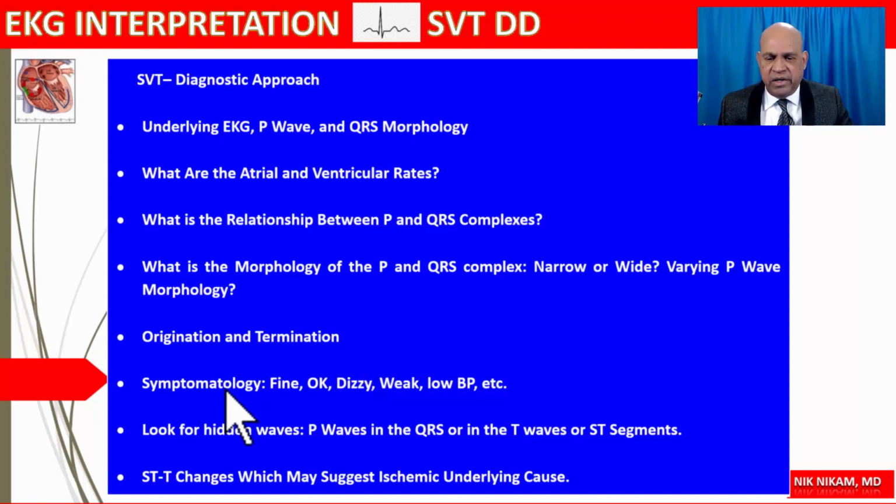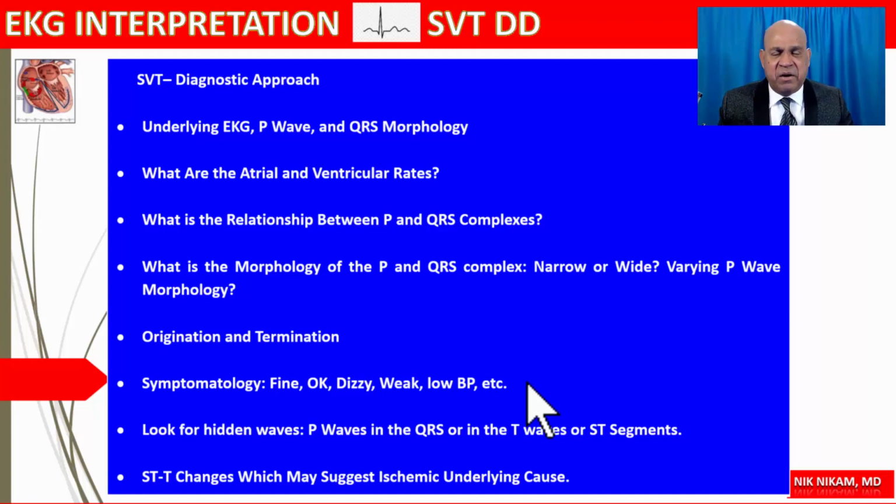Again, symptomatology is exceedingly important. You just don't sit there and spend 2 hours trying to do a differential diagnosis on a supraventricular tachycardia if the patient is feeling dizzy, weak, with low blood pressure, low oxygen level, pulmonary edema.